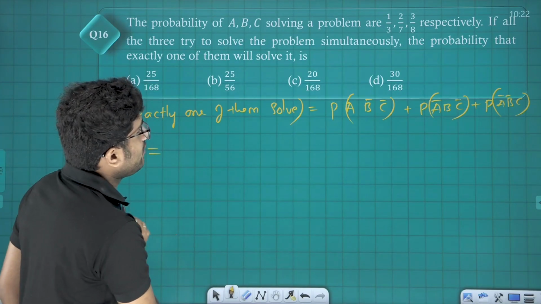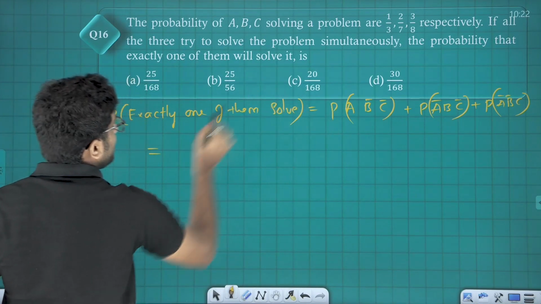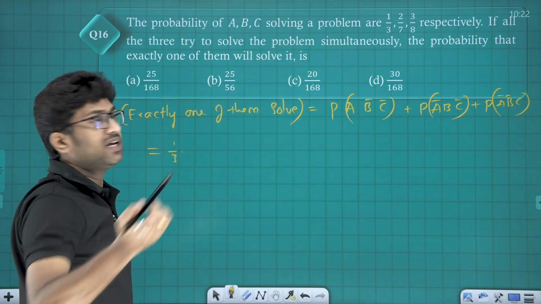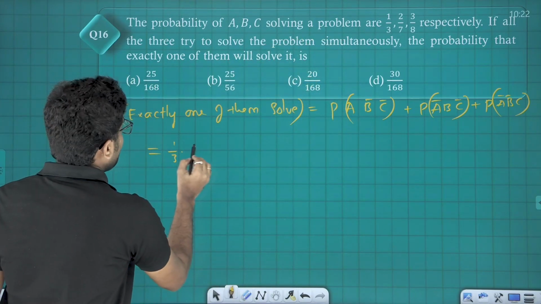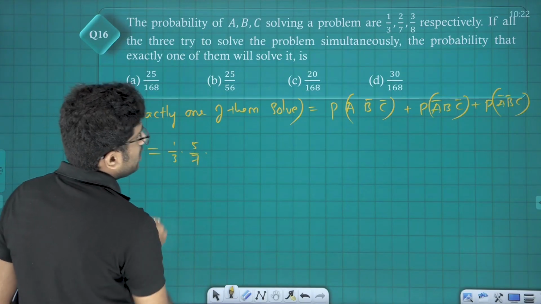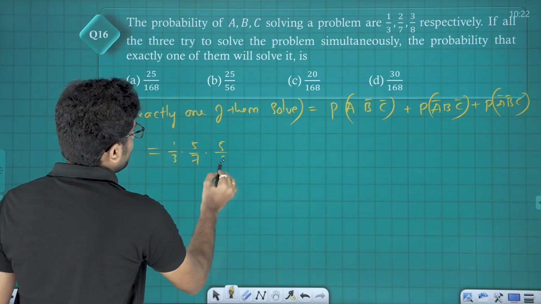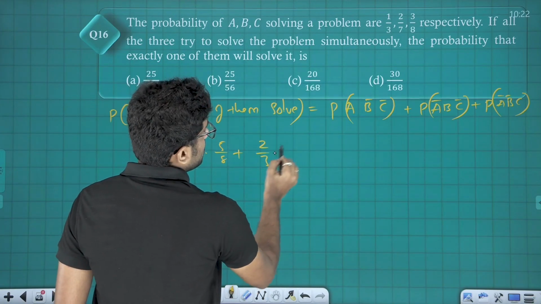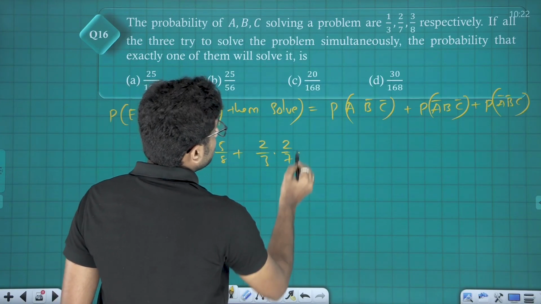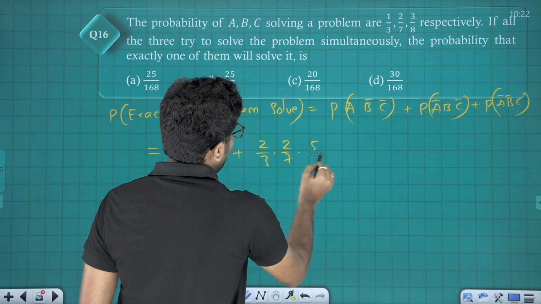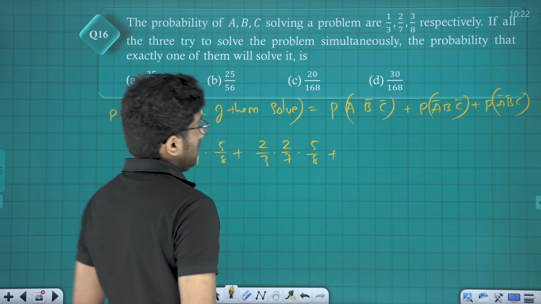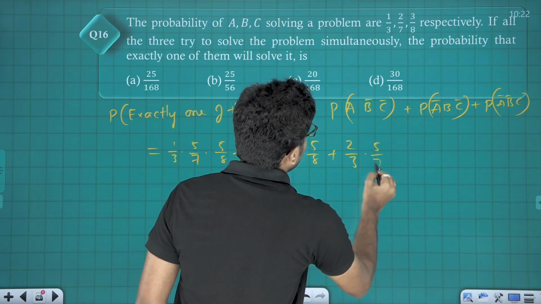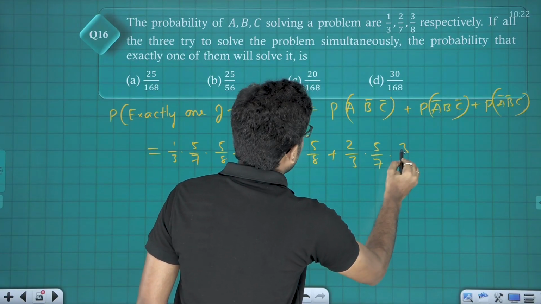So as the three events are independent, the probability of A solving is 1 by 3, and they have given P of B as 2 by 7. So B complement will be 5 by 7, C complement is 5 by 8, plus A complement is 2 by 3, B is 2 by 7, C complement is 5 by 8, plus A complement 2 by 3, B complement 5 by 7, C is 3 by 8.